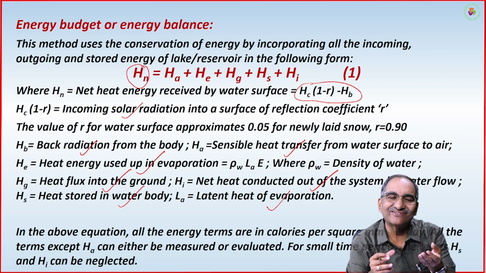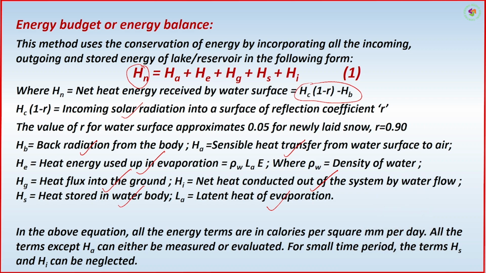These are all the energy terms. In the above equation, all the energy terms are in calories per square mm per day. All the terms except Ha can either be measured or evaluated. For a small time period, Hs and Hi both can be neglected.